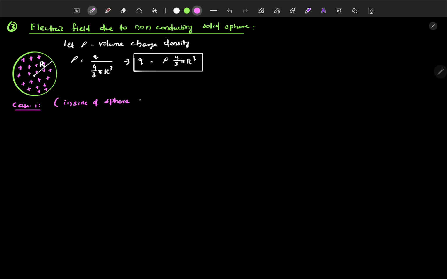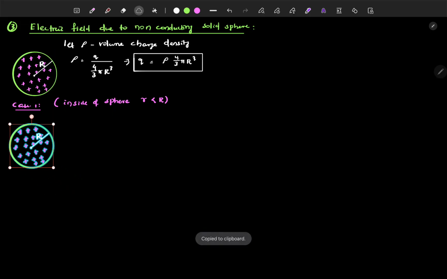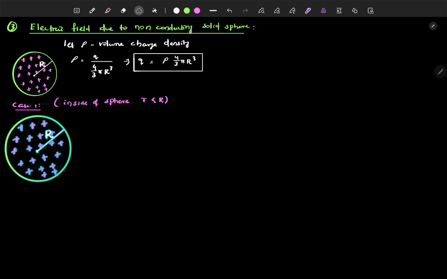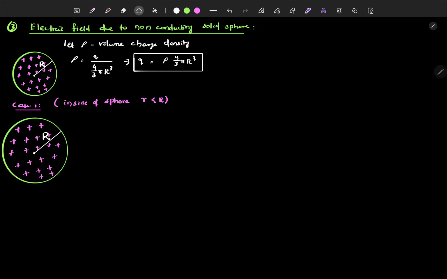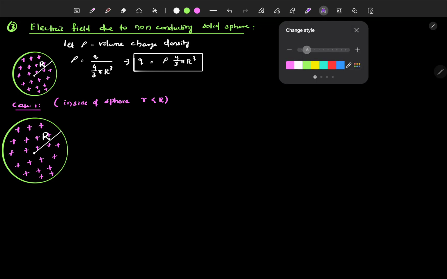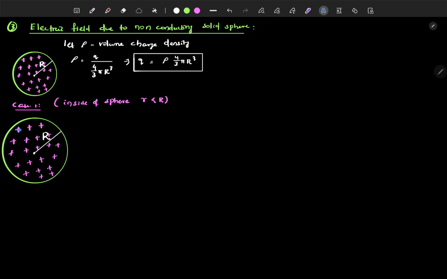So inside of the sphere means small r is less than capital R. First draw the diagram. Let these be the charges, and we have to think of a Gaussian sphere.